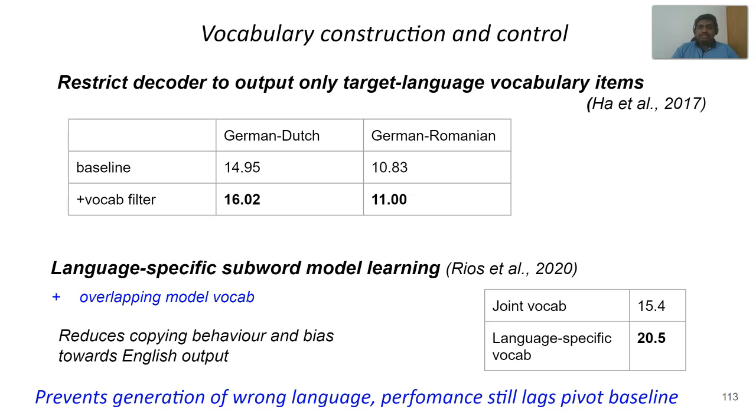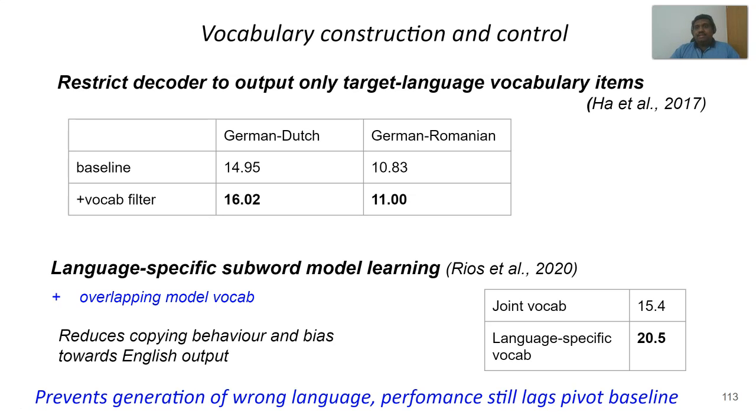So one solution is to define capacity for every language and learn subword vocabulary independently for every language involved, but then finally merge the model vocabularies. There may be some overlap across the vocabularies of different languages, which enables multilingual learning, but every language is assured some capacity in the vocabulary, and this seems to work well.